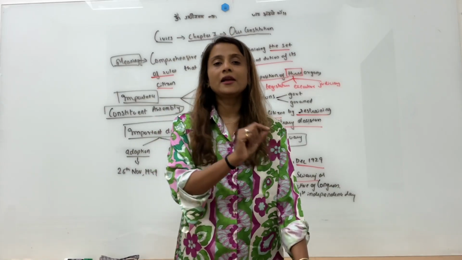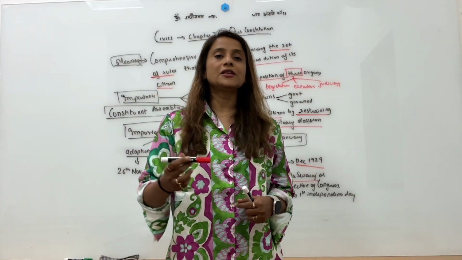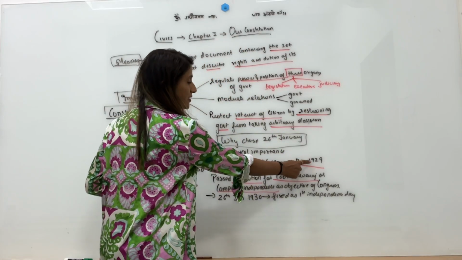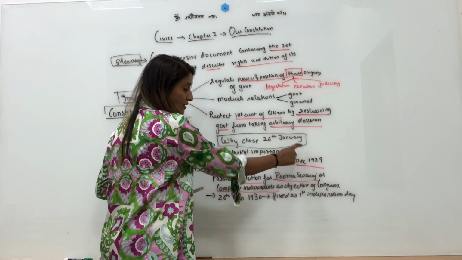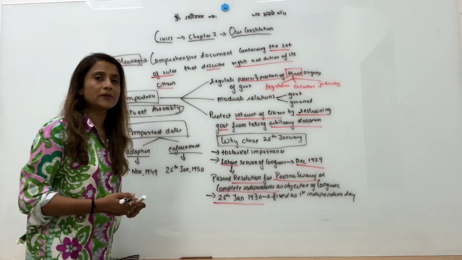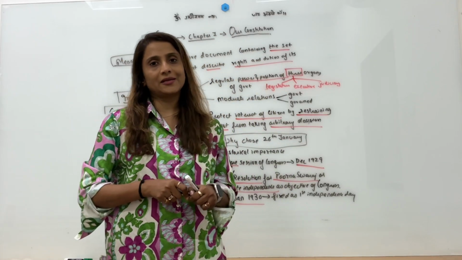That day Congress decided that 26 January 1930, so this decision was taken in the year 1929. Congress declared that on 26 January 1930, India shall celebrate its Independence Day.